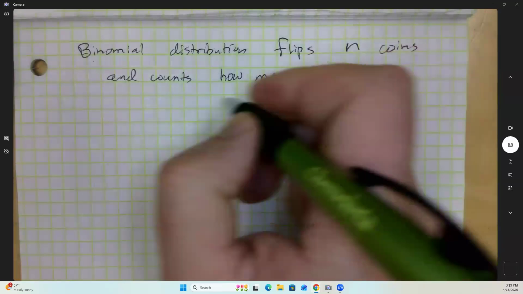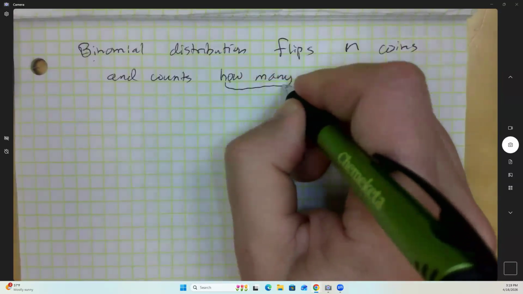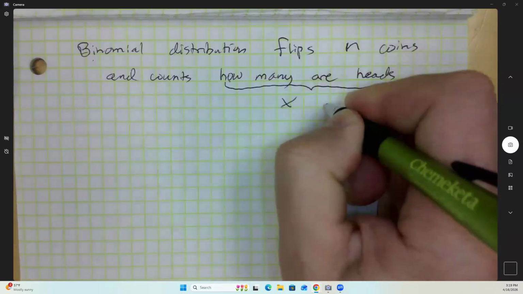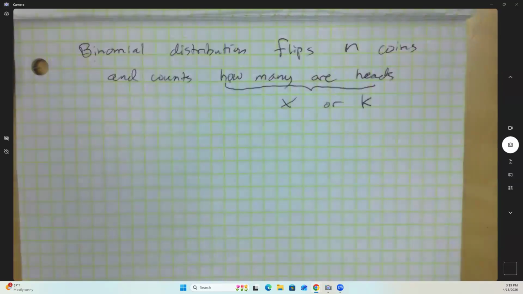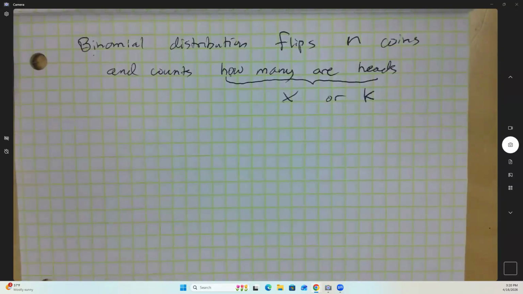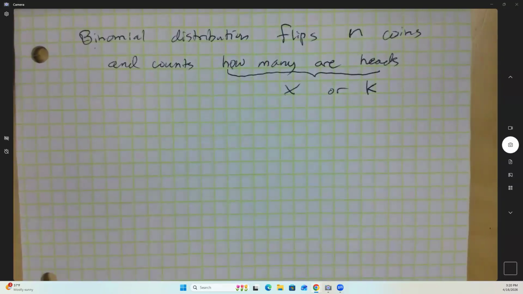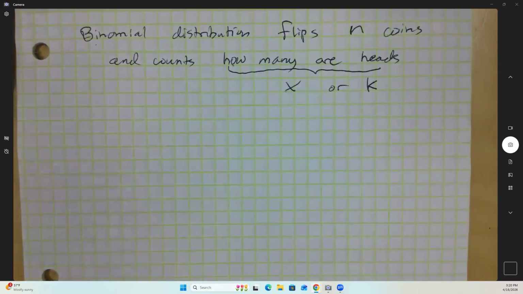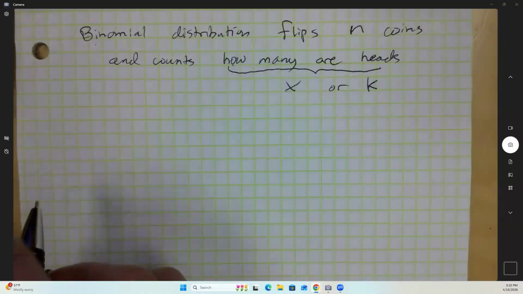Call this number X, or some books call it K. I think your book calls it K, but our online app calls it X. So let's just do this, and let's explore a little bit.